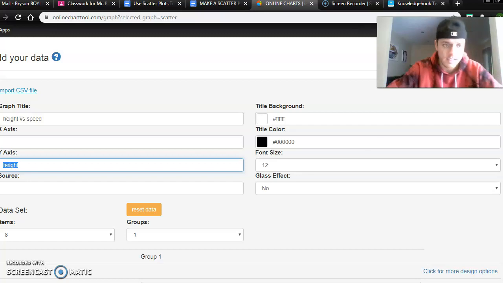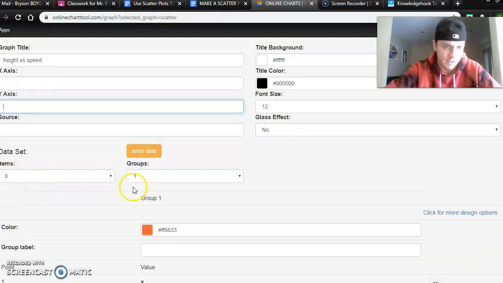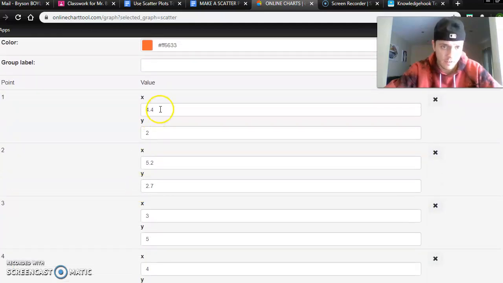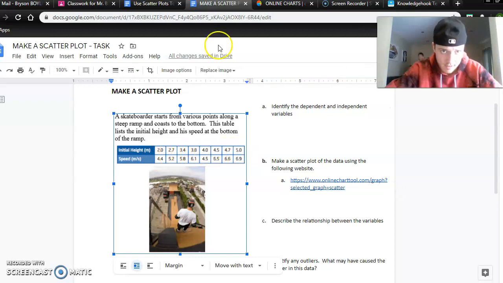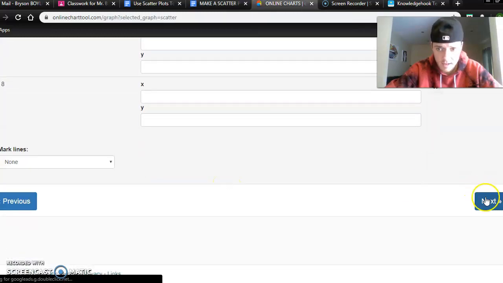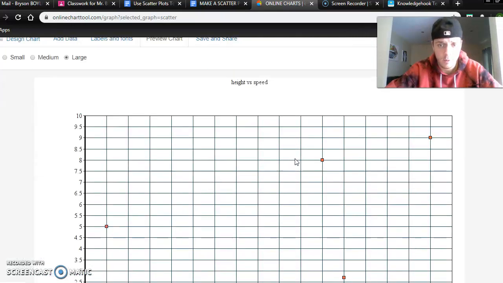Whatever one you think is dependent, you put in the y-axis. Your items should say 8. Your groups should say 1. You scroll down. You start filling in the data, x, y, x, y, x, y, based on these numbers here, right? You should have 8 data points in when you're done. Fill them in. When you're done doing that, you hit next, and your scatter plot will be made.